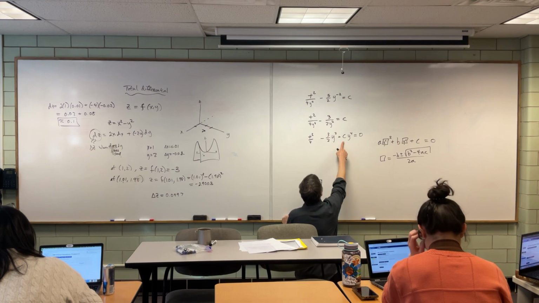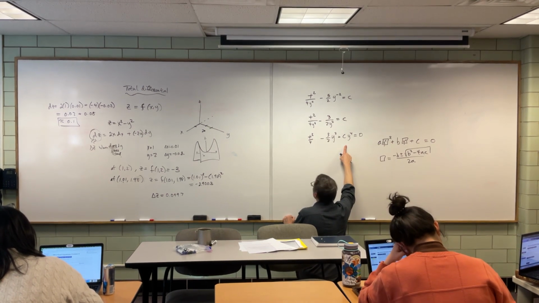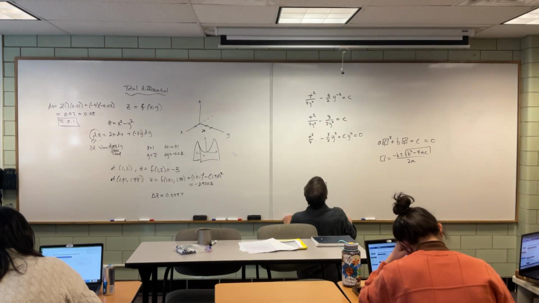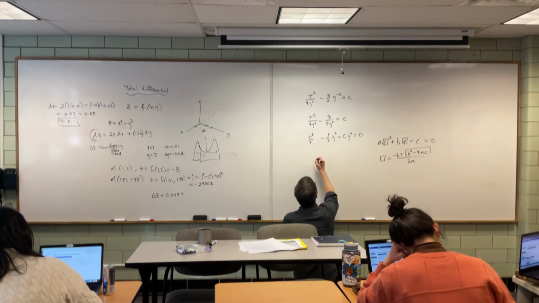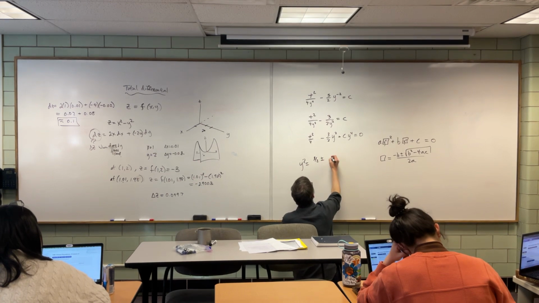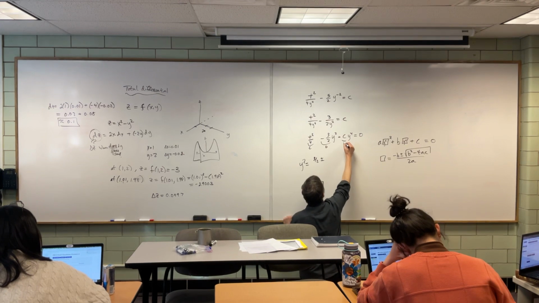You betcha. So we could solve for c at this point using our initial conditions, but let's hold off. If we hold off till the end, and this maybe would have been something good for us to do, Lavina, hold off until the end, because then c can absorb all sorts of stuff, and we don't have to carry it. So here, I'm going to get y squared equals the opposite of b, so 3/2 plus or minus, because this is my c, this is my b, and this is my a.